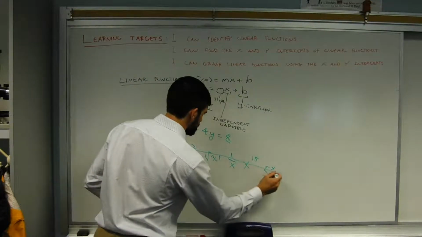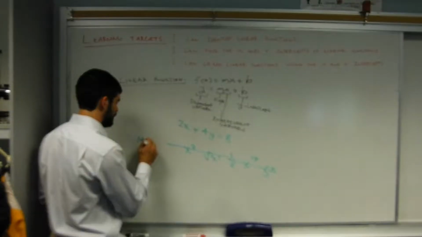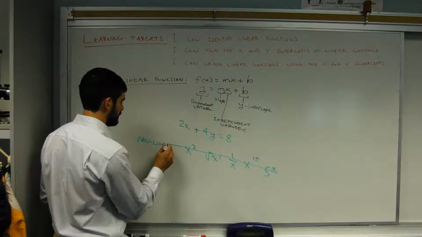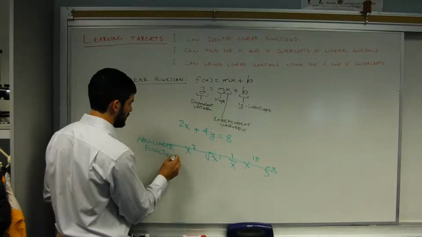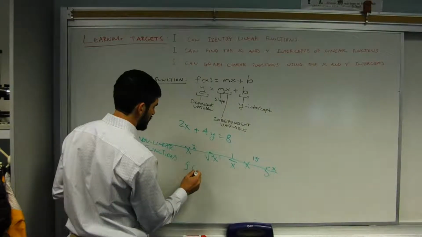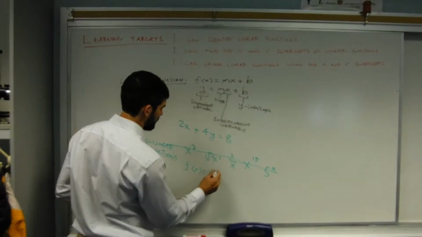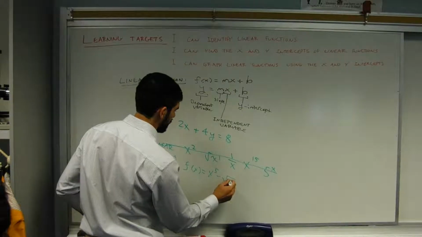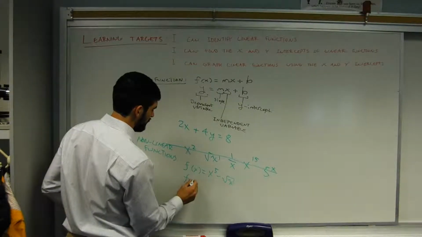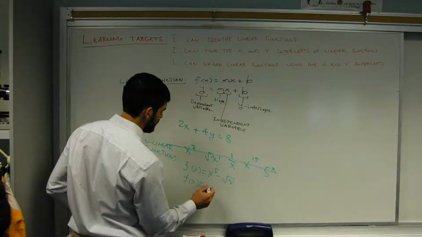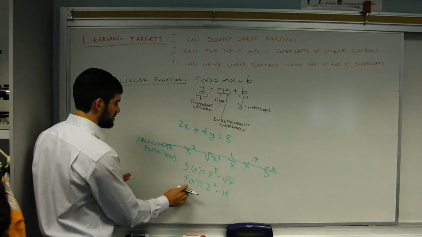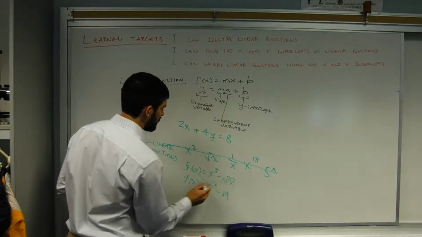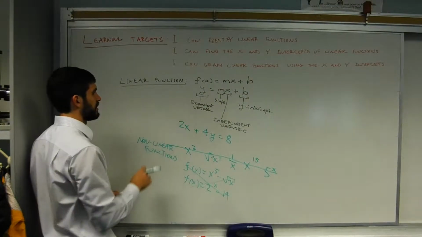So all of these would be non-linear functions. Anything like f of x is equal to x to the 5th minus square root of x. f of x is equal to 2 to the x minus 14. These we're going to explore later. These are not linear functions.